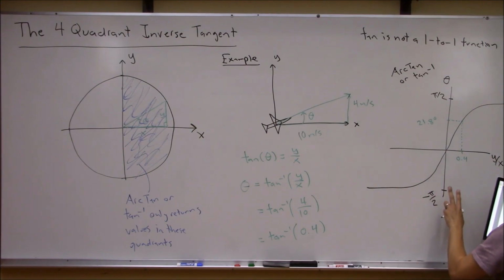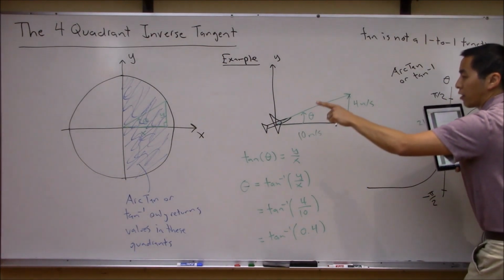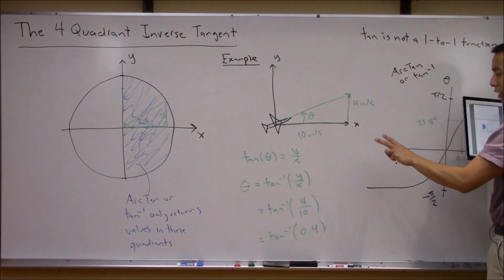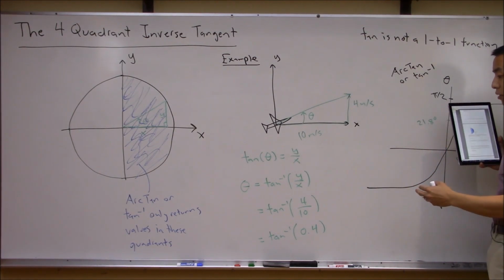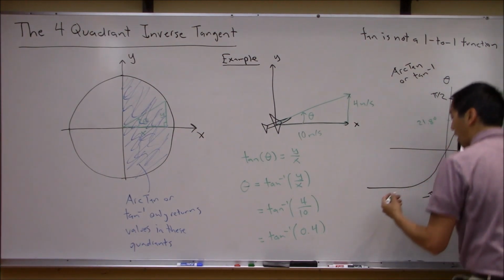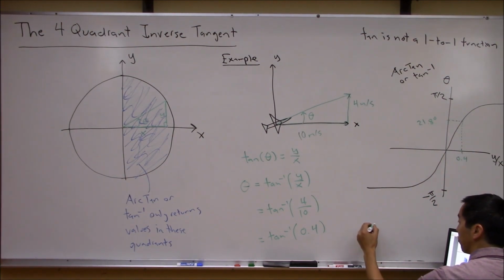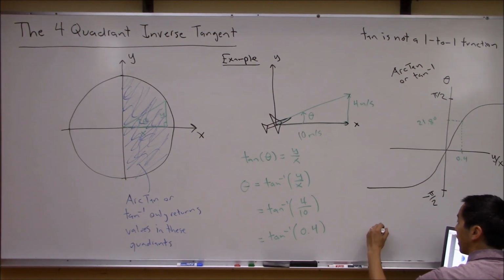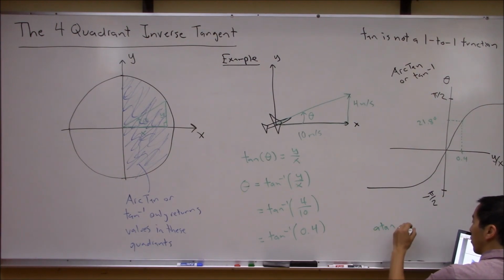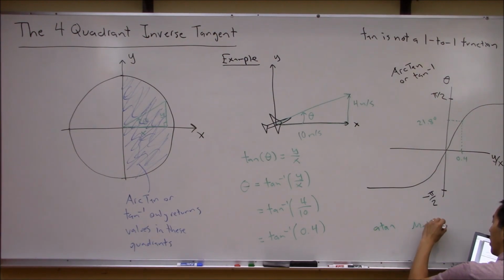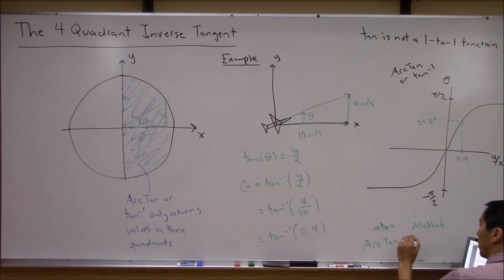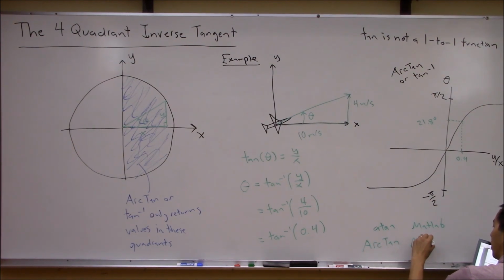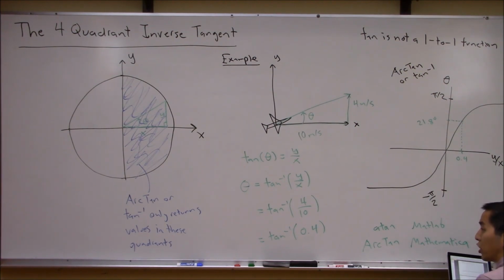In fact, tell you what, instead of me doing this, let me flash up a screenshot of when I type this into MATLAB or Mathematica and ask it to do this. In MATLAB, I can just use the atan function. And then in Mathematica, I'm going to use the arctan function, or you run over to your calculator and you plug in inverse tangent, however you want to do this, right?